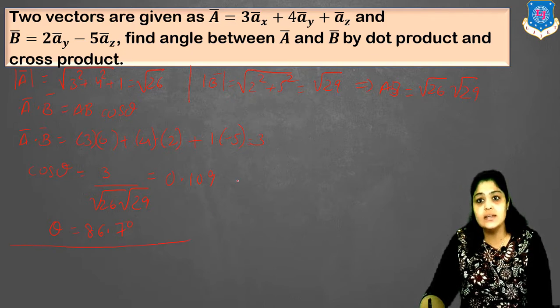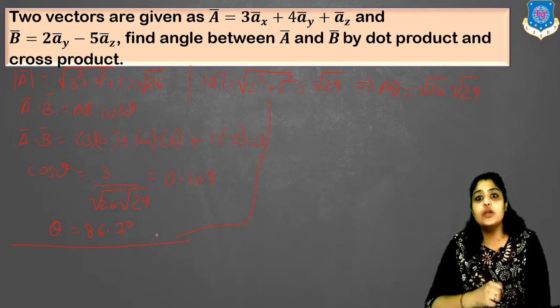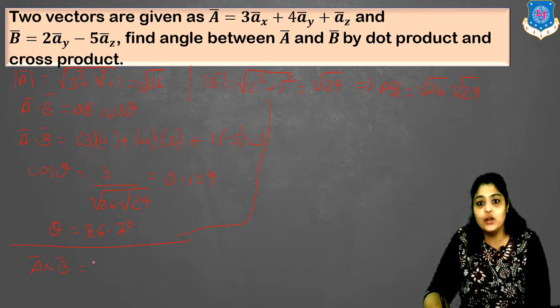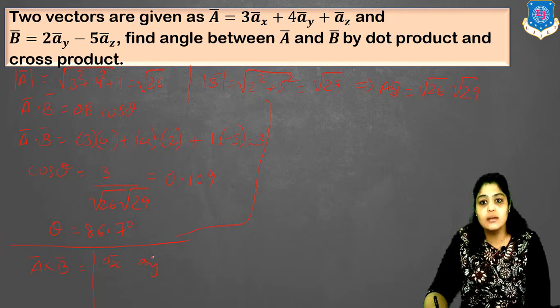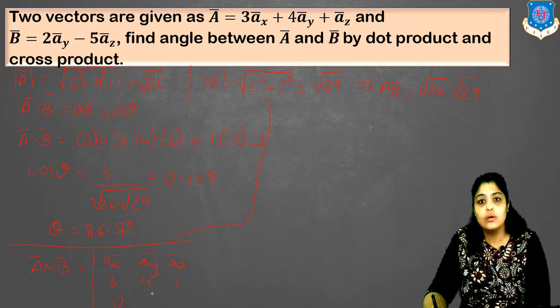This is the answer I have obtained using dot product. Now for using cross product, I'll first have to find A cross B. For that, I have ax, ay and az, then 3, 4, 1, and 0, 2, minus 5.